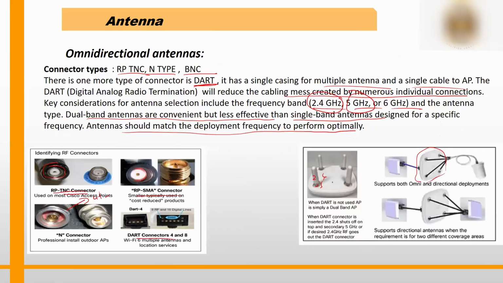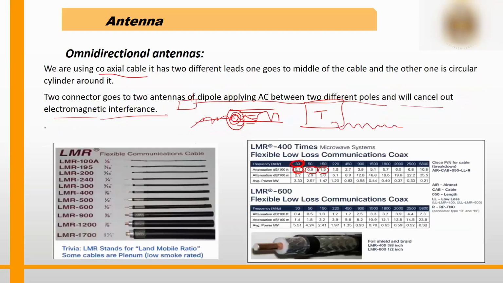Then we have seen that the antenna provides the passive gain, and the cables, specifically in the outdoor antennas, provide some attenuation. That is in dBs. If a particular cable is supporting some frequency like 50 megahertz or 150 megahertz, the attenuation for every 100 feet of such cable is like 1.5 dB.